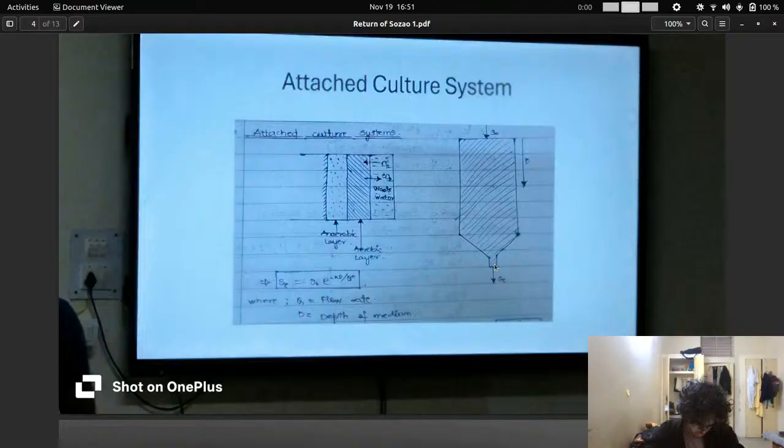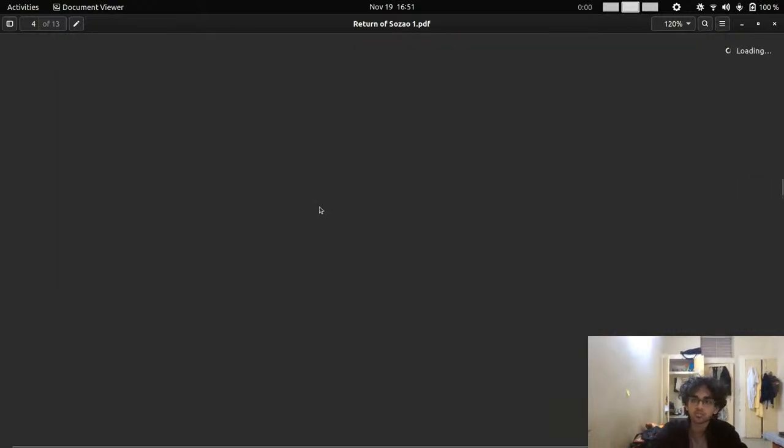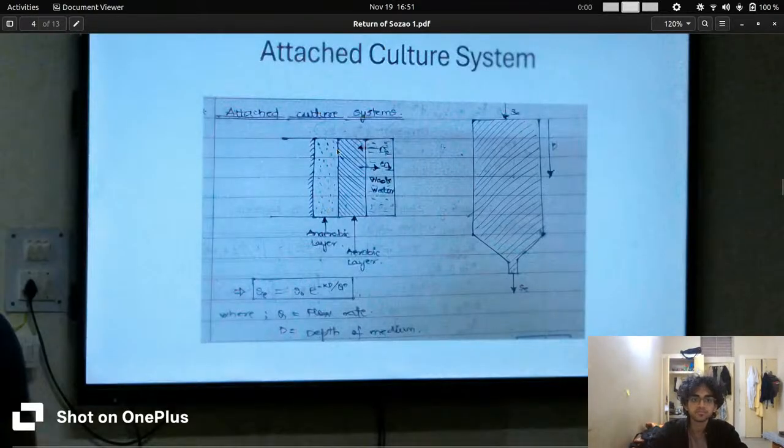Yep. So this is attached culture systems. Aerobic layer, anaerobic layer.